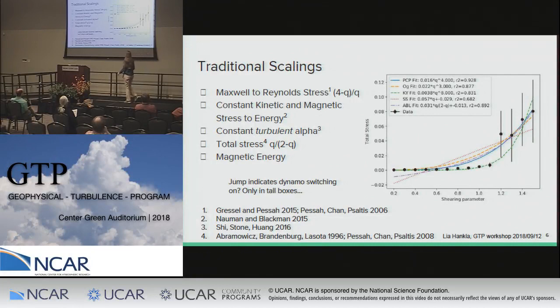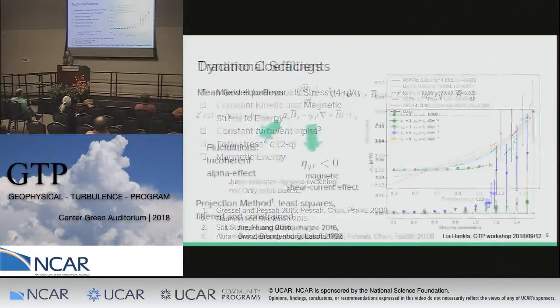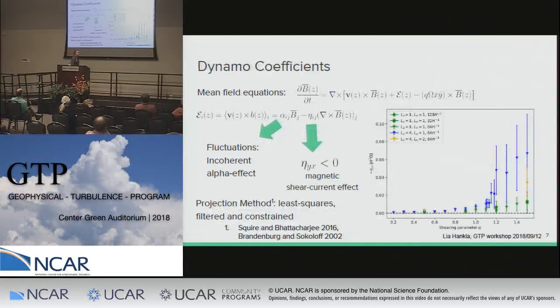So I was thinking, well, with the Stone and Huang paper suggesting that the dynamo only functions in tall boxes, maybe the dynamo is getting cut off at lower shears. To test that, I looked at the dynamo coefficients. These are the mean field equations, which we've already seen.